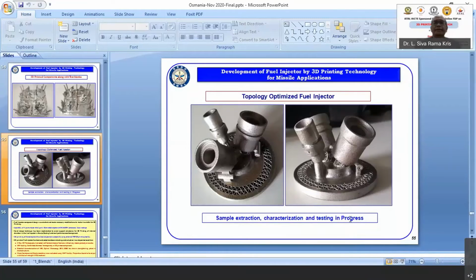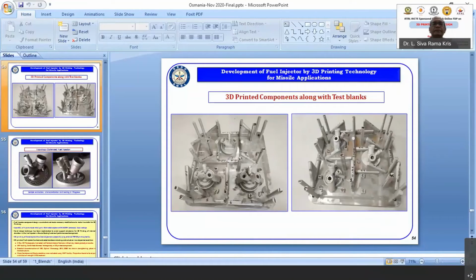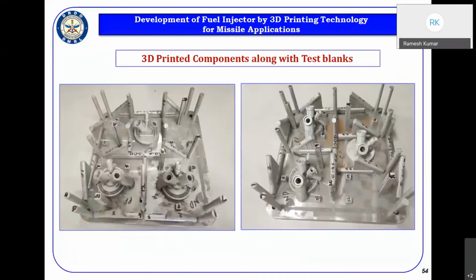Now it is visible, sir. Now you put it in presentation mode, sir. Please explain this one, sir. Actually, the previous slide, the build layout and other things, is okay, sir.